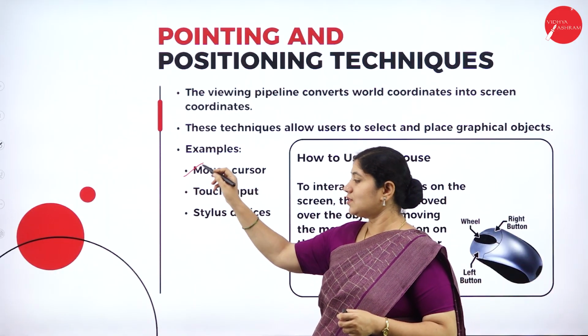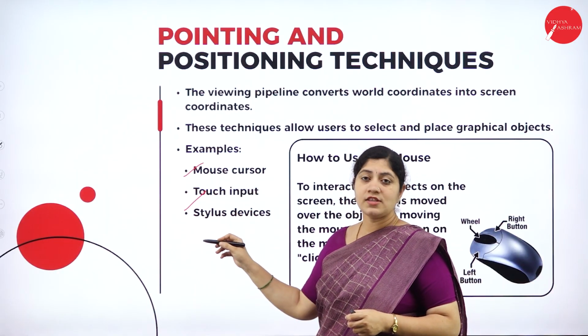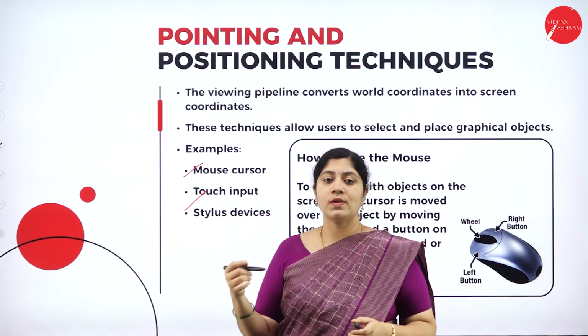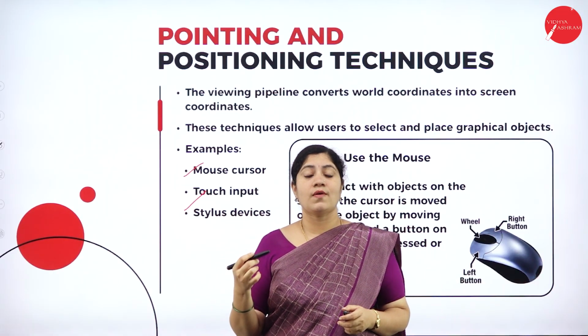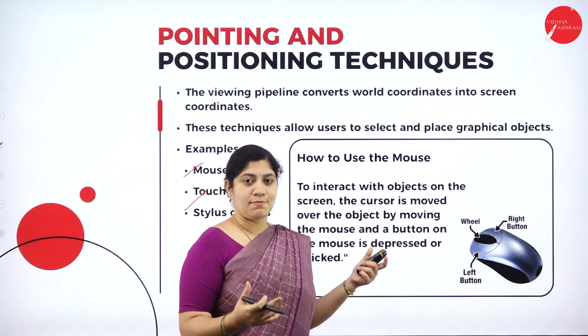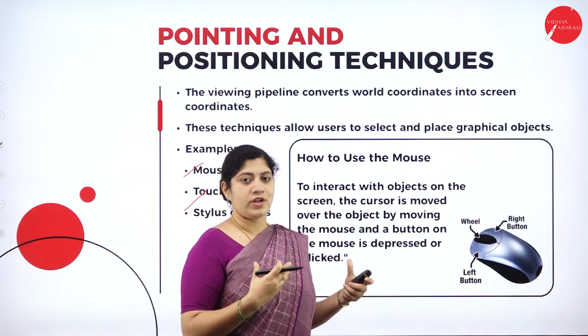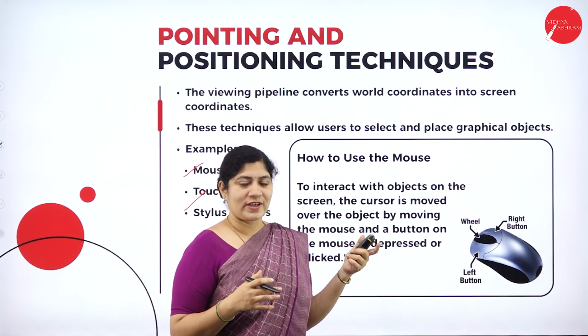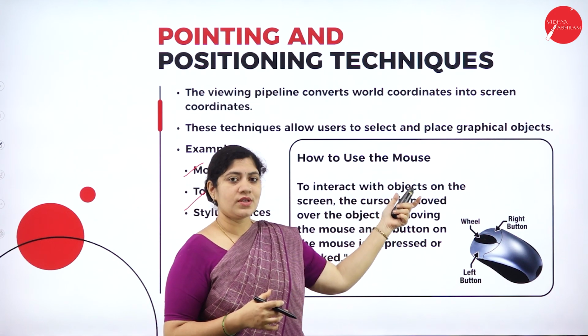Let's see what are the different examples. Yes, mouse cursor, then touch input as well as a stylus device are also examples of our pointing or positioning devices. So let's see a pointing image and understand how it works. Definitely we know that, but let's recall it one more time. Over here, how to use the mouse.